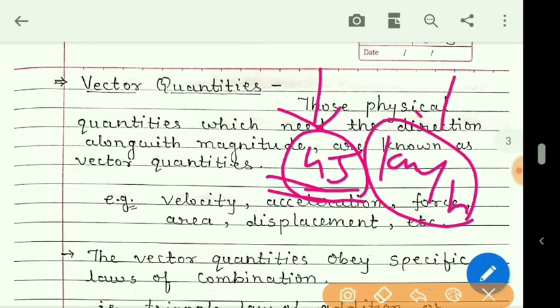Unit will always be there because it is a physical quantity, but I have to give the information about direction also, because velocity is a vector quantity and so the direction is important. In which direction the object is moving, that is to be specified, and that can be specified by vectors.